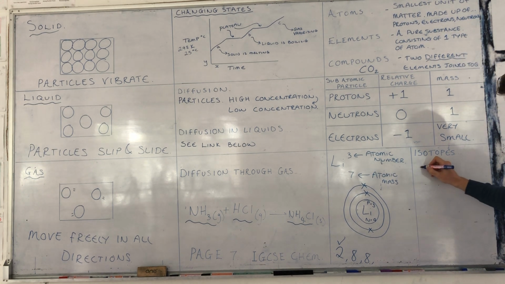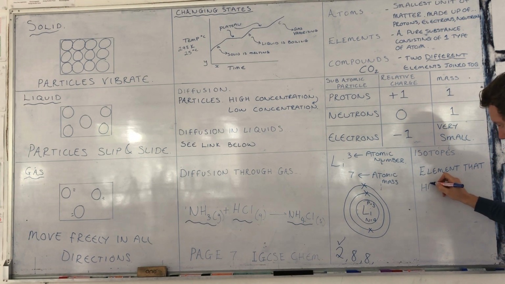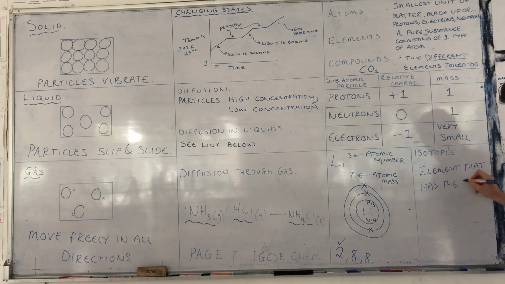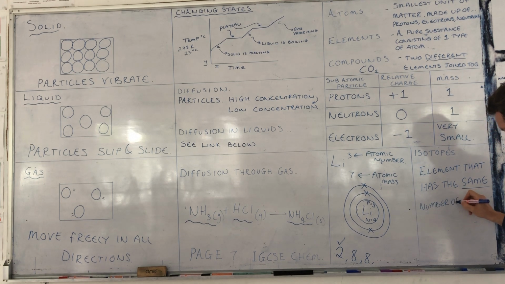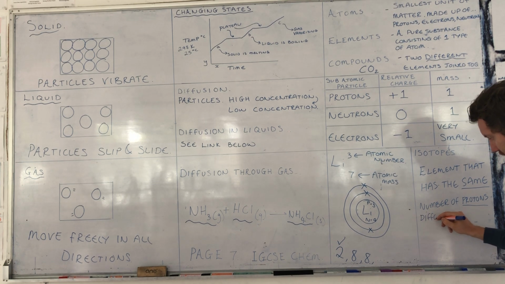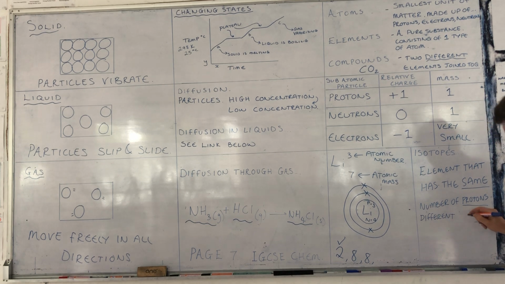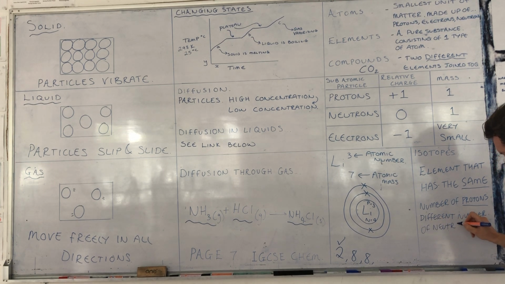So we can say an isotope is an element that has the same number of protons, but different number of neutrons.